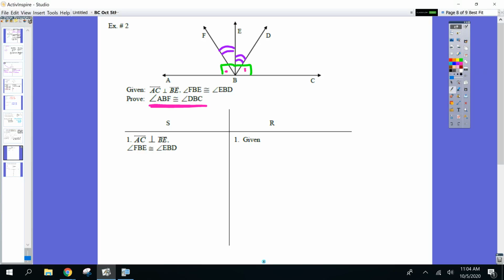Oh, sorry. EBA and EBF. EBA is the right angle. Come on, one job here. Okay. EBF and FBA. Good. I had you rattled there for a second. Nice job. EBF and angle FBA are complementary.